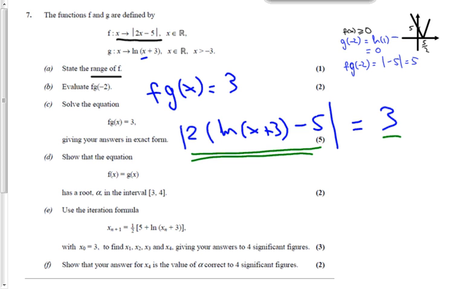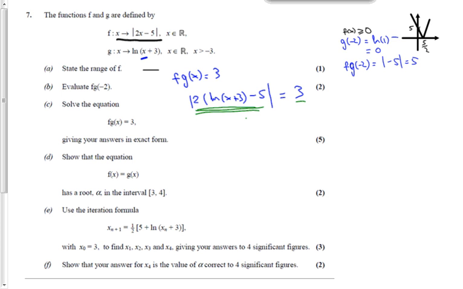Because supposing that was equal to minus 3, what happens when I mod it? It becomes 3. So it's very important to know that when I have the modulus of something equals 3, then whatever that something is, it can either be 3, obviously, or it could be minus 3. So that's how you algebraically get rid of your modulus.